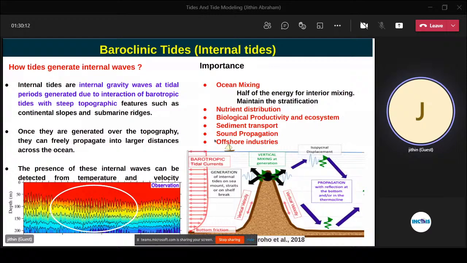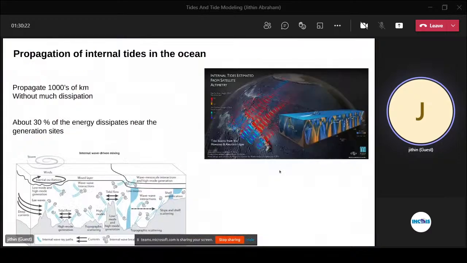The identification and prediction of internal tides is very important in navigation as well as offshore industries. The propagation of internal tides in the ocean can also be detected from satellite altimetry.